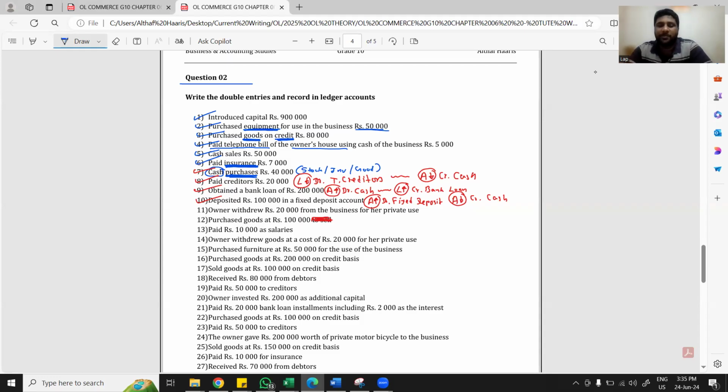Done. Super. So we completed up to transaction number 10 in question 2, if I'm not mistaken. Can I get a confirmation on that?